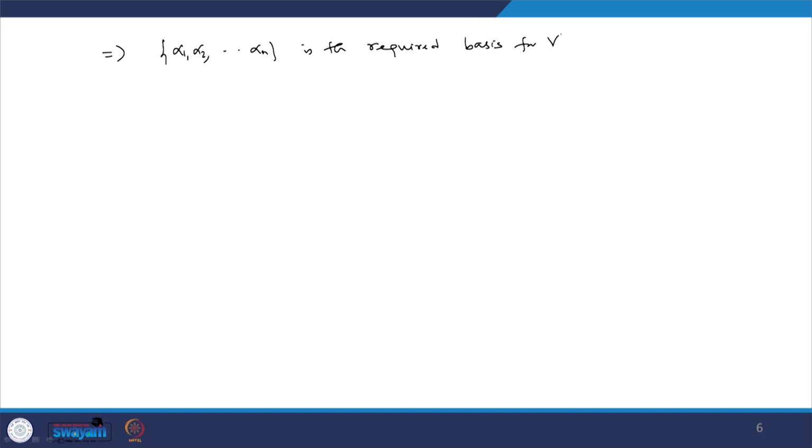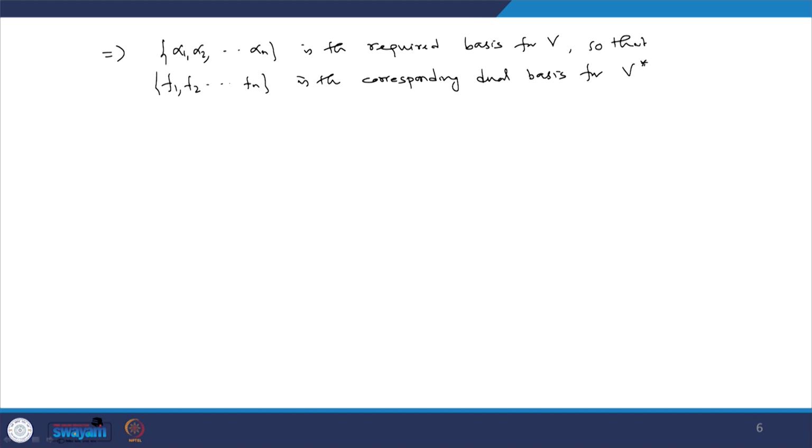So, this implies that alpha 1, alpha 2, alpha n is the required basis for V, so that f1, f2, fn is the corresponding dual basis for V star.